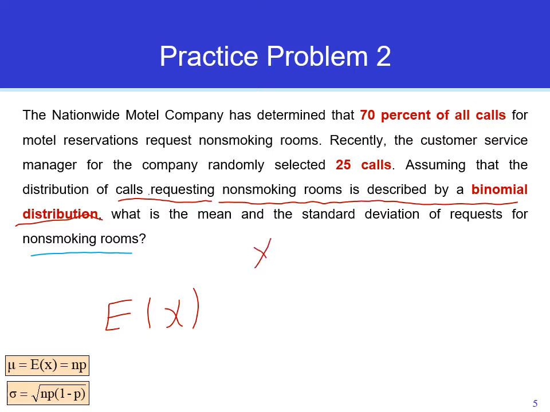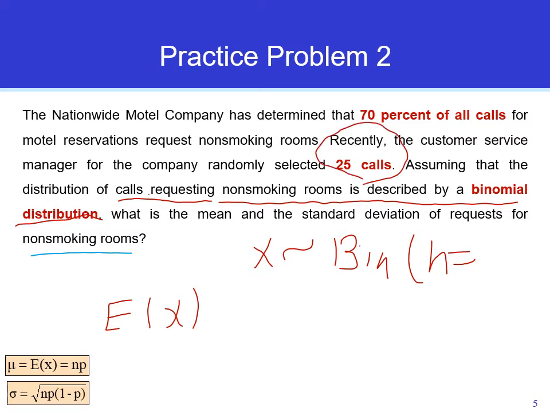X, the number of calls requesting a reservation of a non-smoking room, follows a binomial distribution with n equal to what? What is n here? That's the total number of trials in the definition of the binomial distribution. It means the number of calls that we have got.